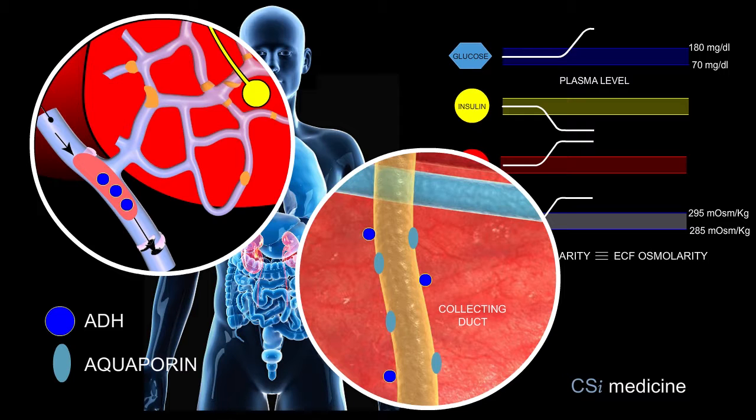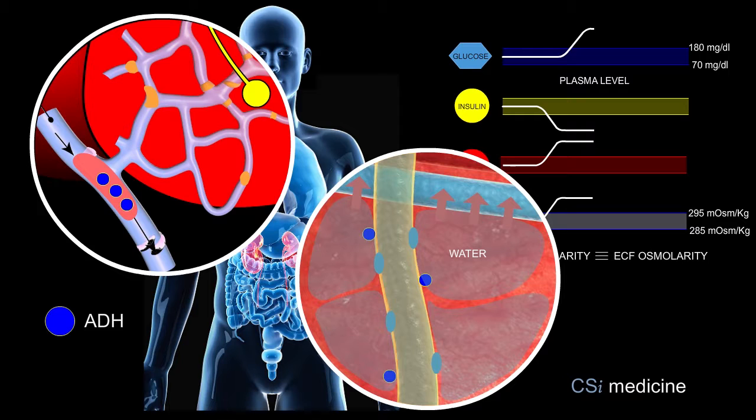In this way, ADH promotes absorption of water, free of sodium, from the lumen of the collecting ducts back into the renal parenchyma, along the osmotic gradient between these two sites. This water is absorbed from the renal parenchyma into the capillaries and is returned to the general circulation by the renal venous system.